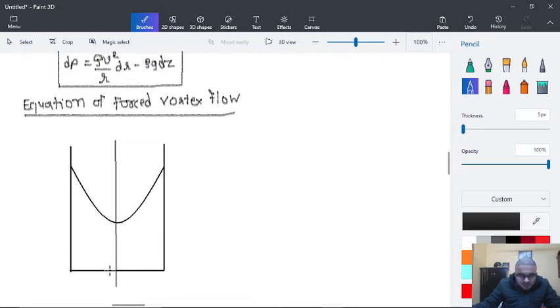So here we have attached a shaft. Inside this we are having water.